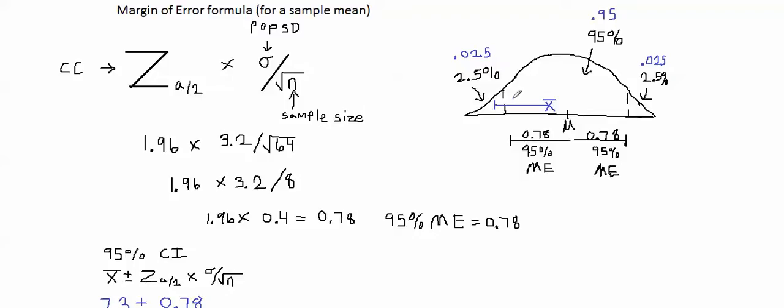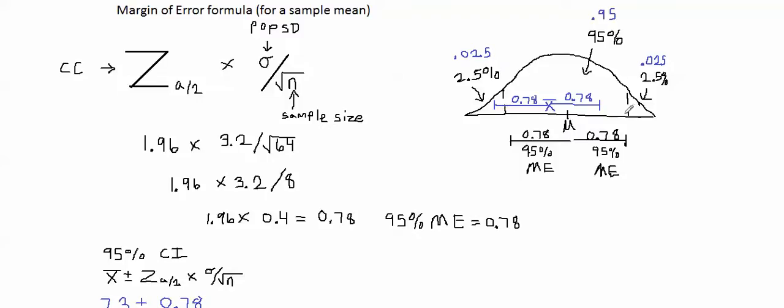In that case, the confidence interval does cross over the population mean. Because if my sample came from this middle 95%, that means that my sample mean is close enough to the population mean for the population mean to fall inside of the confidence interval.